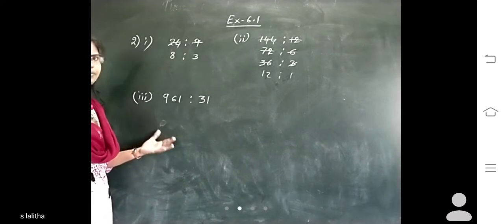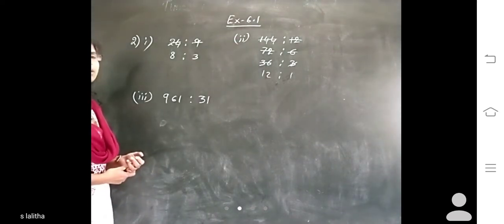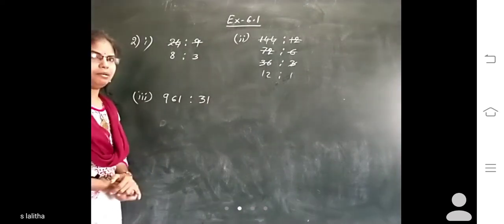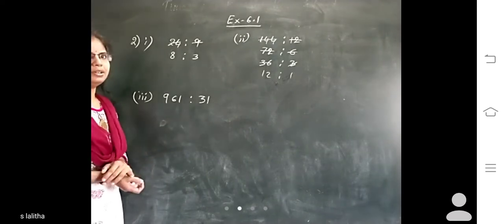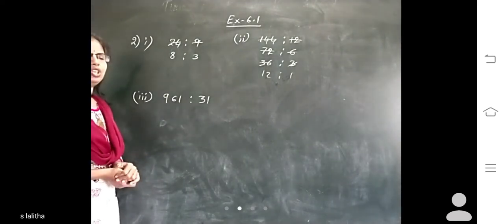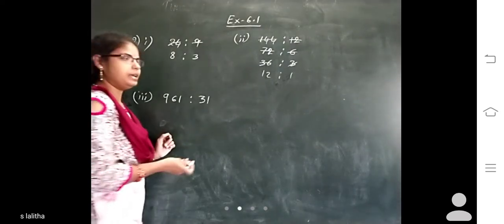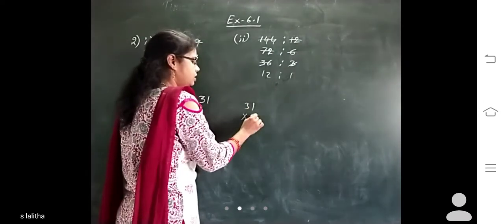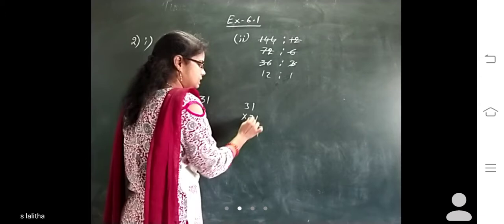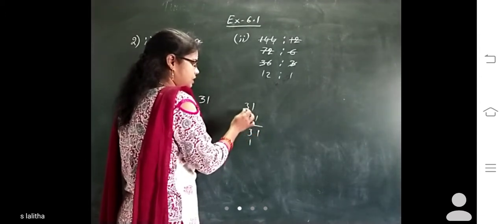So do the simplest one. How to do? 31 is a prime number. It is not divisible by any number. 961, in which table will it be divisible? 31 table. How many times to take it? 31 into 31. 1 ones 1, 1 3 is 3. 3 ones 3, 3 3 is 9.